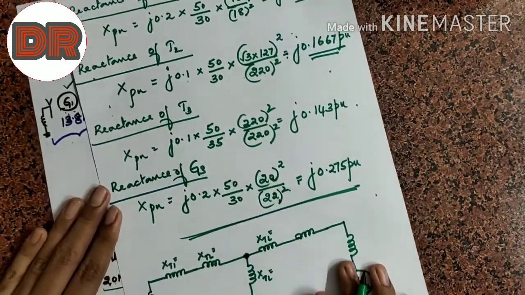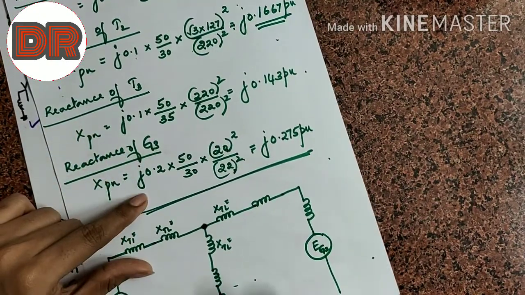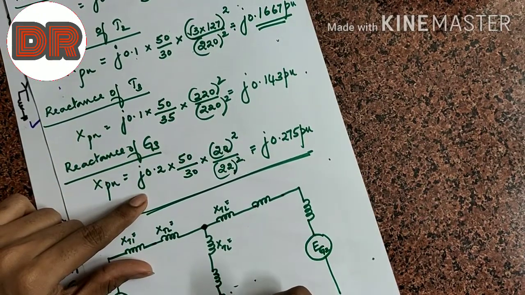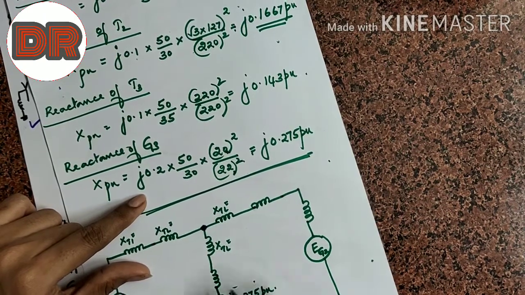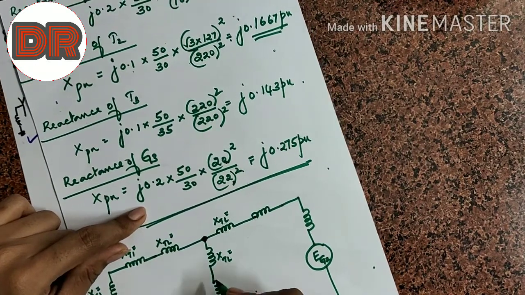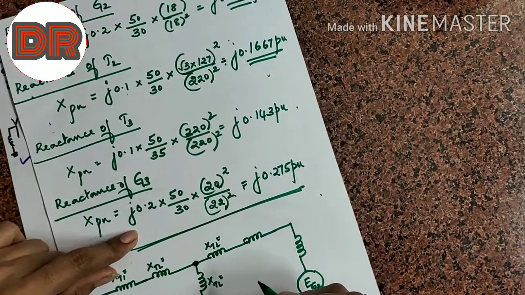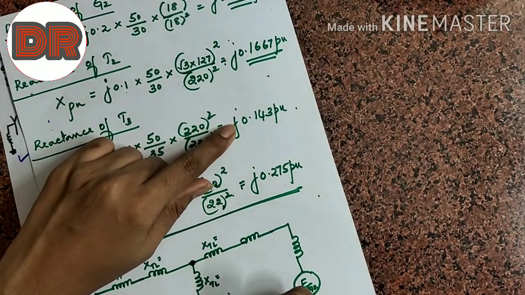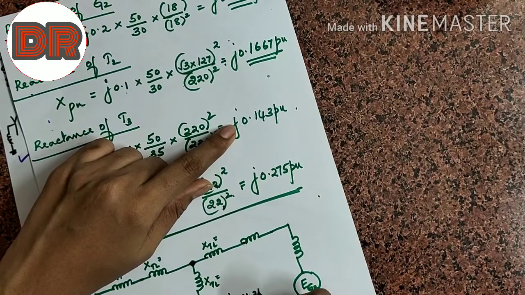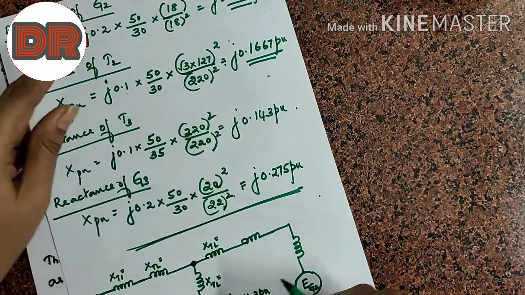So let us write all the values. So I'll go from here. So G3, where is G3? So this one. So for G3, reactance value is 0.275 per unit. And remember, you have to write all these values in the diagram. So this is Xg3 and this is Xt3. So Xt3 is J0.143 per unit. This is the J50 transmission line, we'll write later.